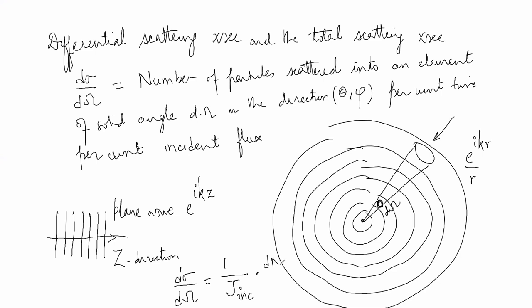This is my incident flux, and the number of particles scattered per unit solid angle bin will be the differential scattering cross section. If there is any question, you may ask.